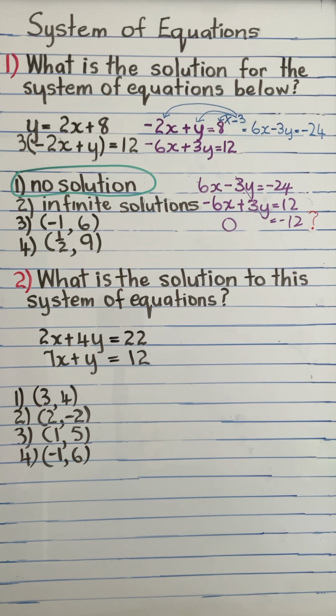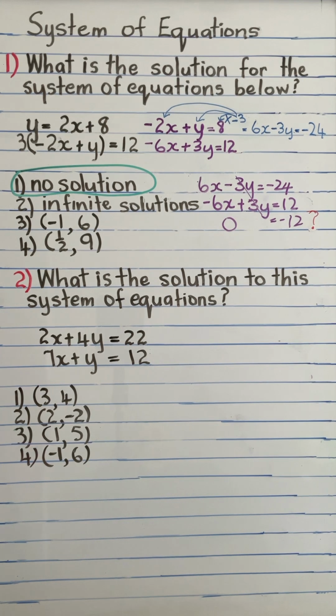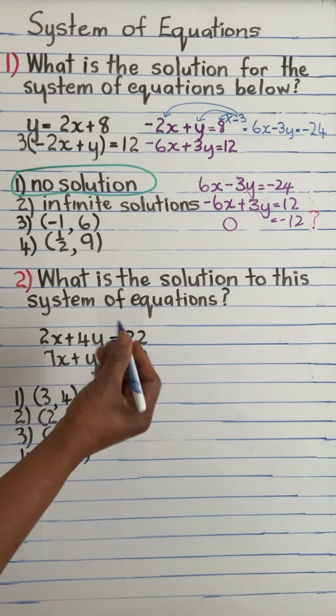So we're going to multiply to make the coefficient of one of the variables opposite. Let's do this one.